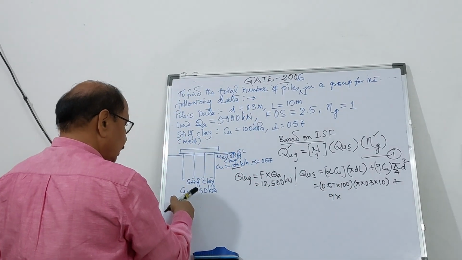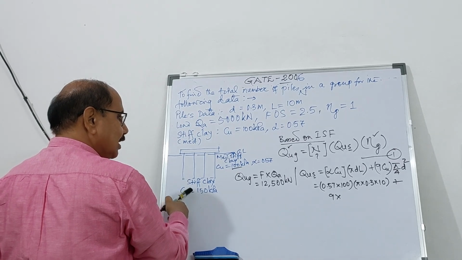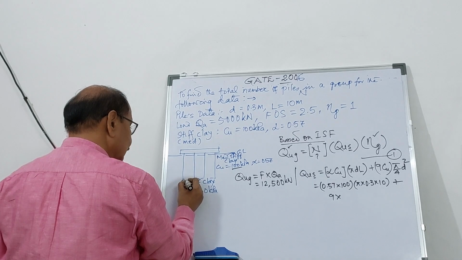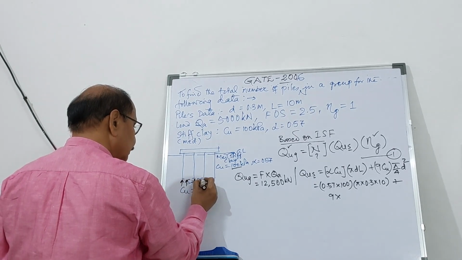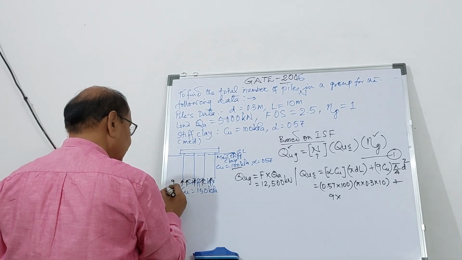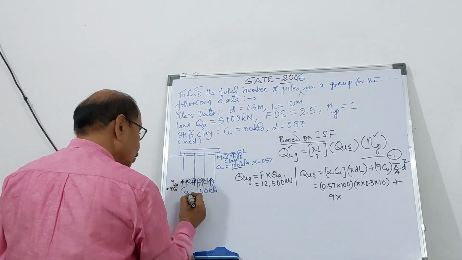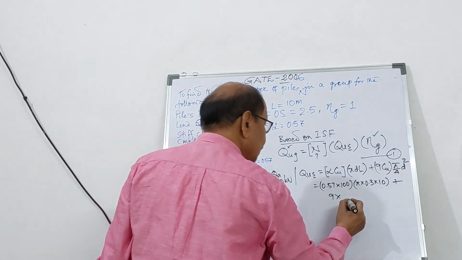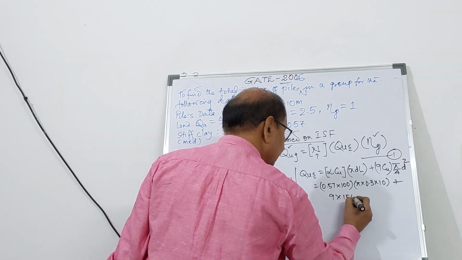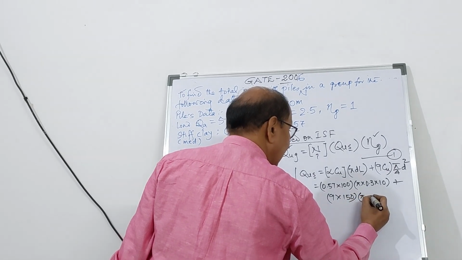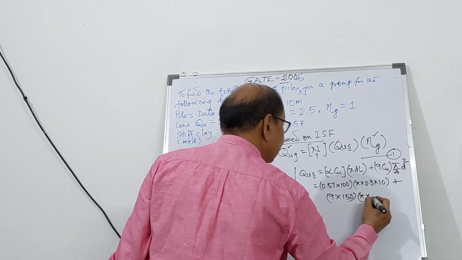Now, here this QE will come into the picture. But there is a stiff clay at the tip, so this QE is 9 times Cu, and this Cu value has to be taken. So 9 times 150 into pi into d square.